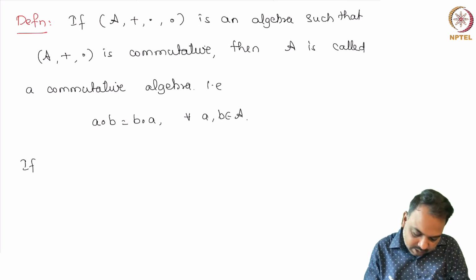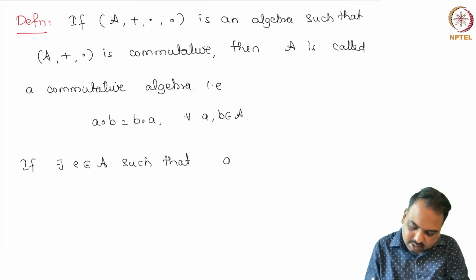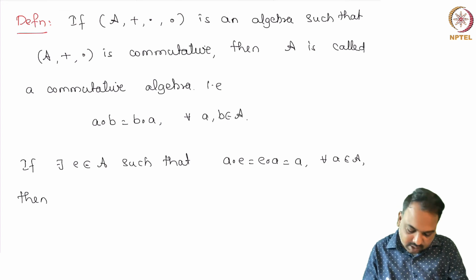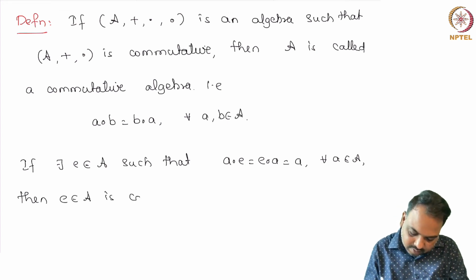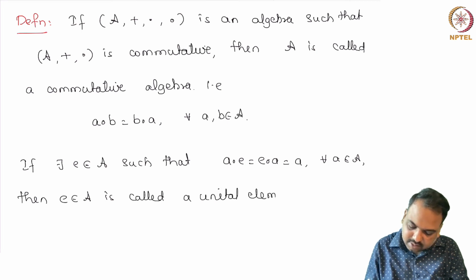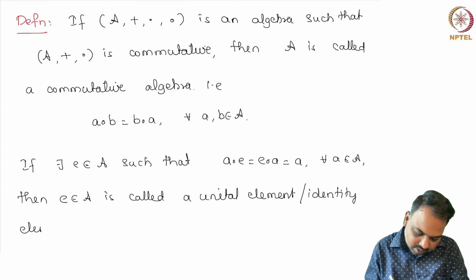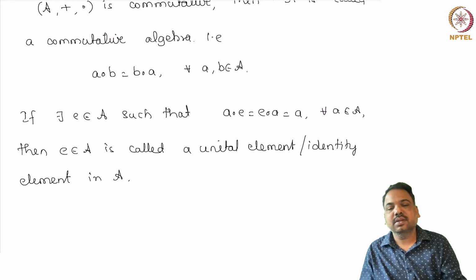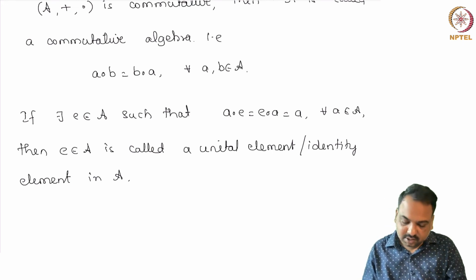So if there exists an element E in A such that A circle E equals E circle A equals A for every A in A, then we say that this element E is called a unital element, or it's also known as identity element in A. So if A has a unit element or unital element, we call that algebra to be unital.